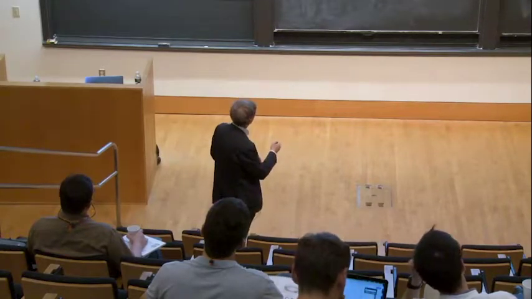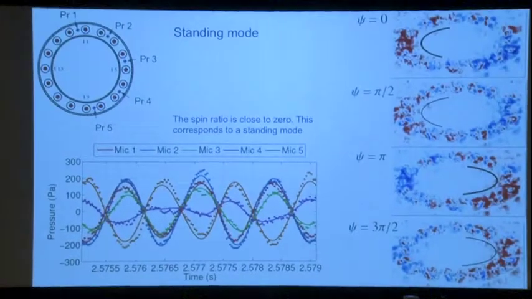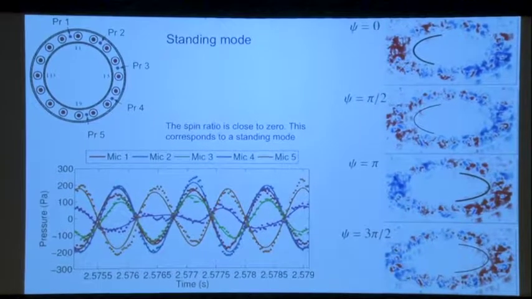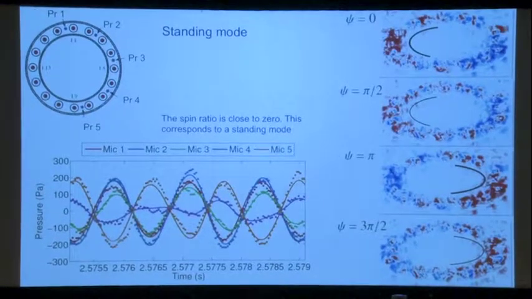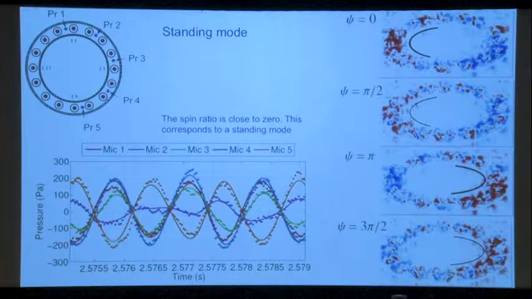So from that, we can get the spin ratio, and then we can also analyze what goes on for a given situation, because what we see is that sometimes the system is standing, sometimes it's spinning, it moves around. It's not just purely standing.